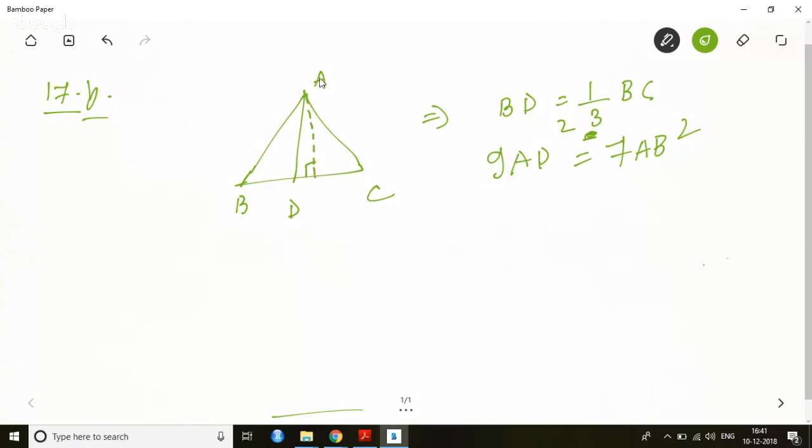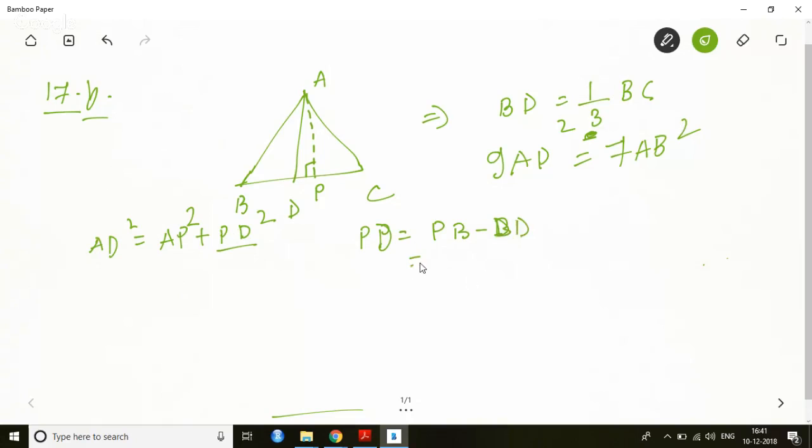If this is AP, then AD square is equal to AP square plus PD square, and this PD square can be found. So what is PD? PD is equal to PB minus BD.